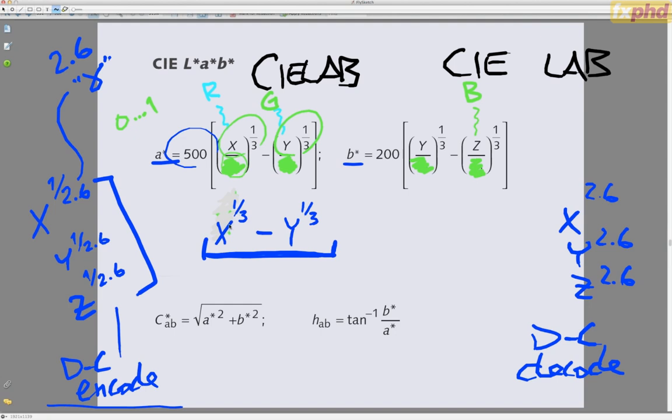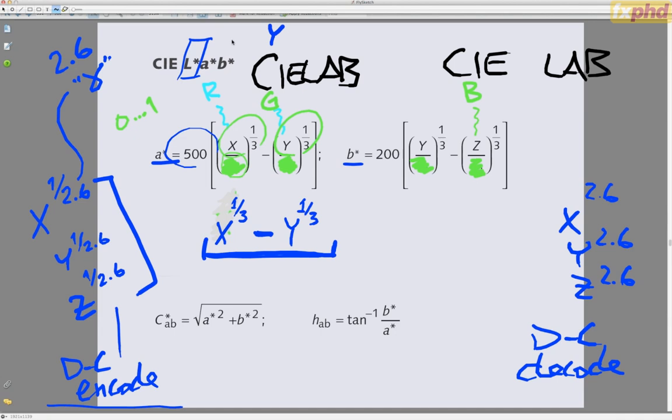Now, we've got x to the 1/3 minus y to the 1/3. That subtraction makes it a color difference. So we've already got the L star term. The luminance information has been encoded into that.